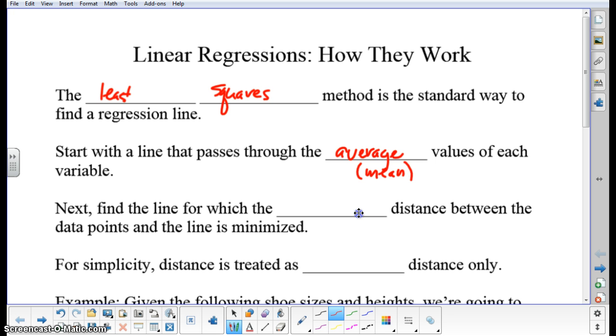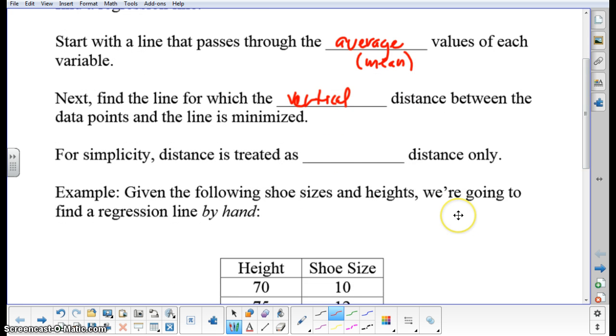Next, we find the line for which the vertical distance between the data points and the line is minimized. For simplicity, the distance is treated as positive, or absolute value, only.